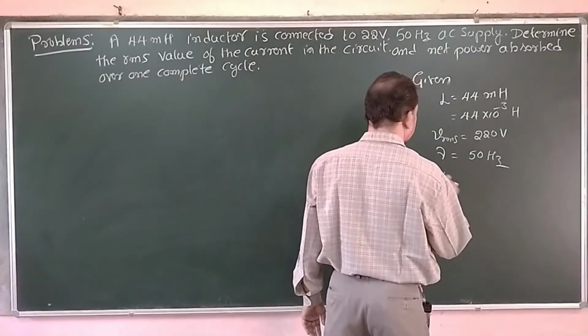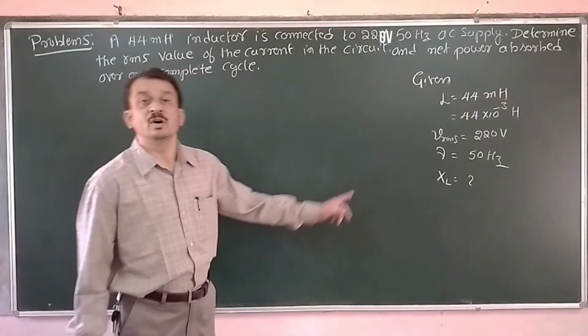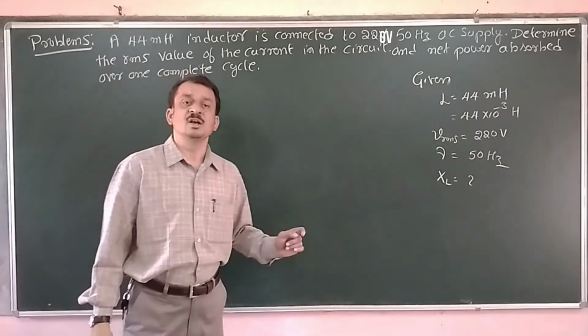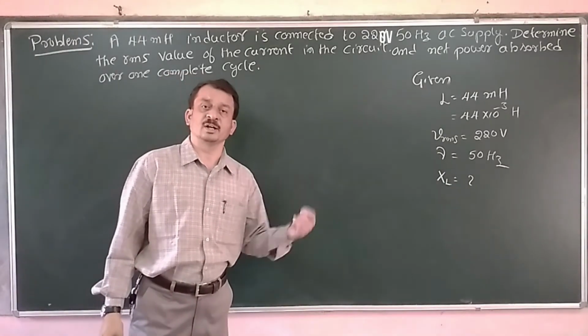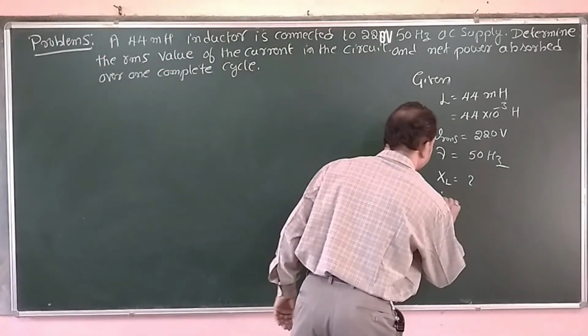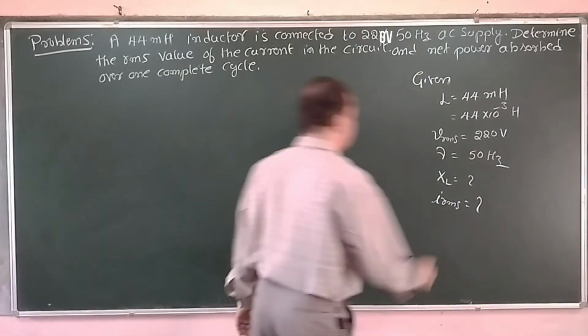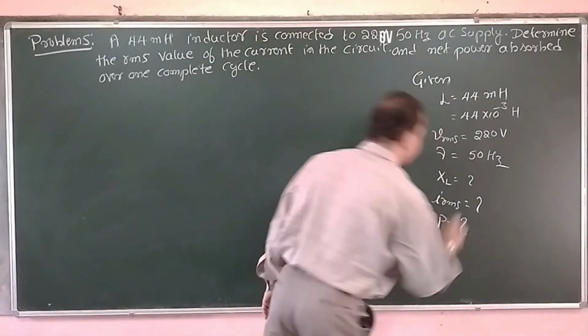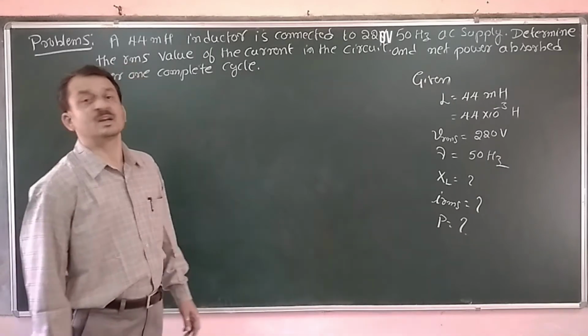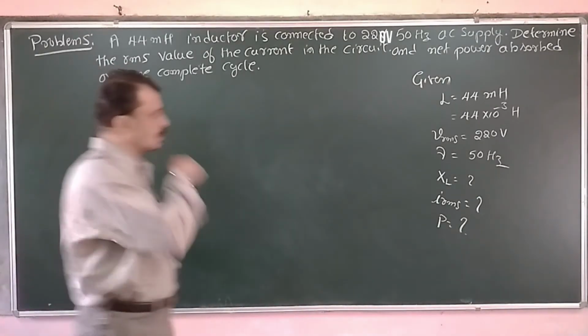In order to find the RMS value, we first have to work out the inductive reactance, the opposition offered by the inductor to the AC. From that, we have to calculate IRMS. And we have to calculate the average power dissipated over one complete cycle. These three things we have to work out.